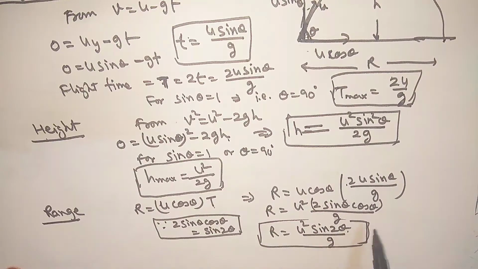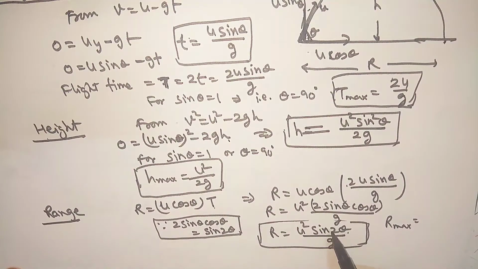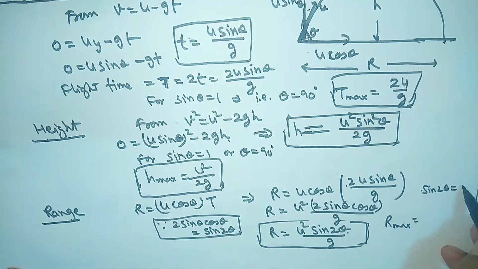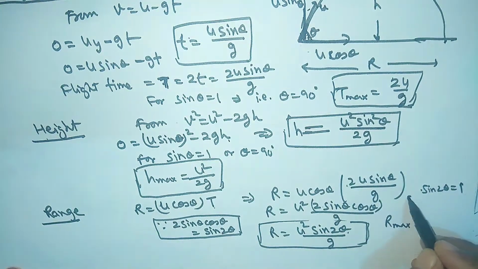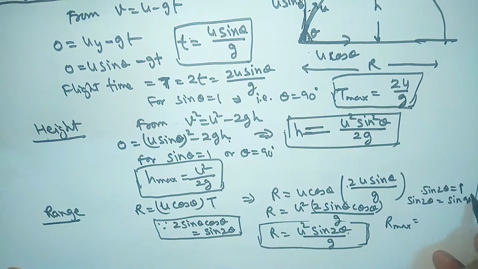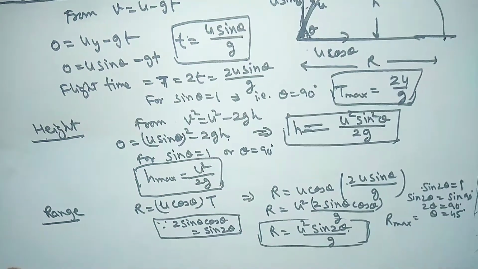So I put it here. Now when will it be maximum? R will be maximum when sin 2 theta is equal to 1, that is sin 2 theta is equal to sin 90, or 2 theta is equal to 90, or theta is equal to 45 degree.